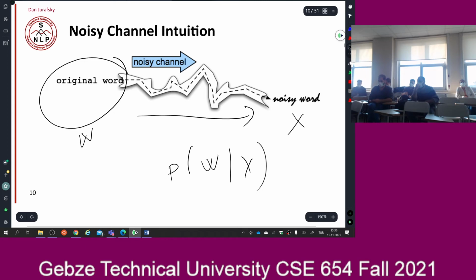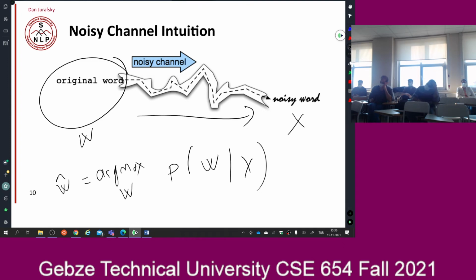Okay, measure this probability for me. And if there is such a probability calculation, I can run this calculation for all the words, and whichever makes this probability maximum would be my word to choose.